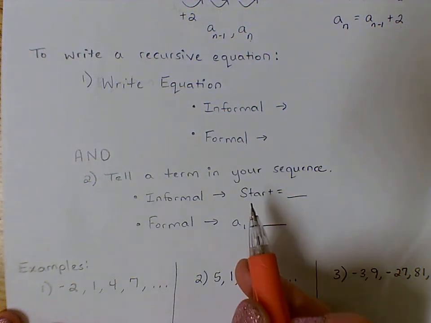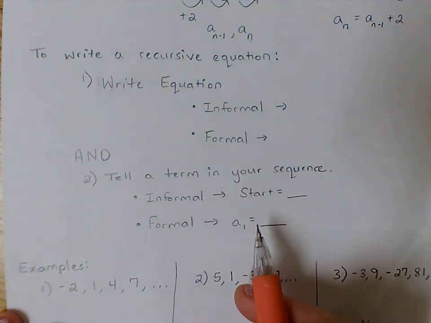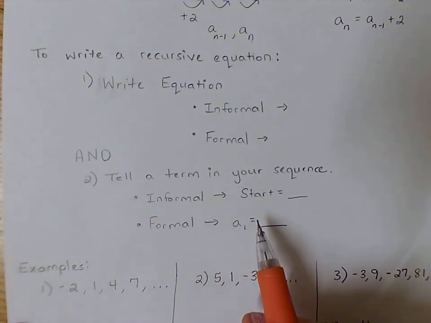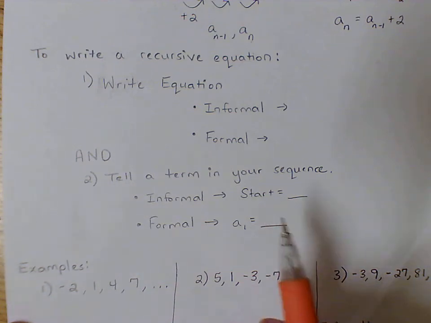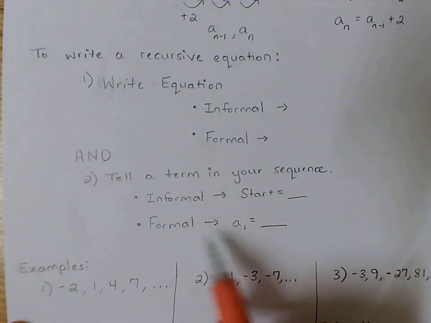A lot of different types of sequences can have the same pattern, but they may not have exactly the same numbers. This will help you specify what types of numbers your sequence is going to have in it, okay? So just make sure that you write the equation and you tell a number in your sequence, okay?